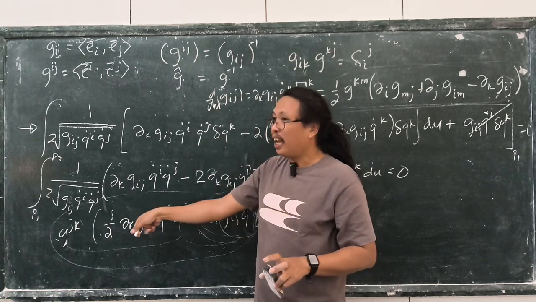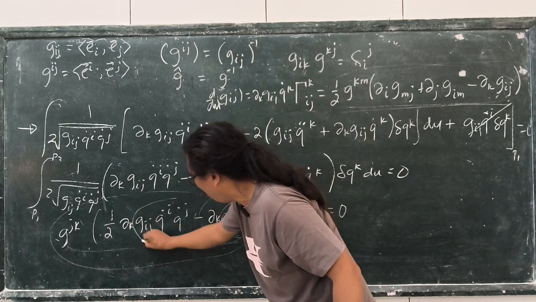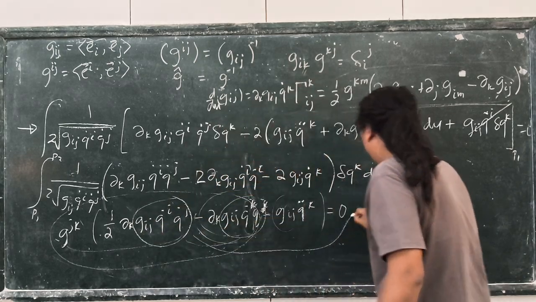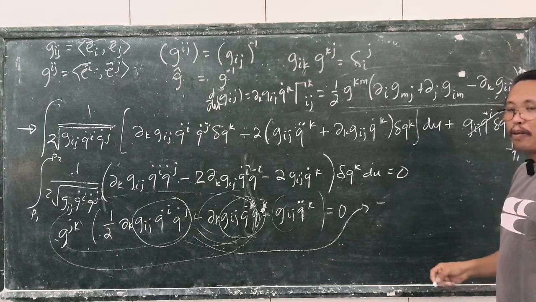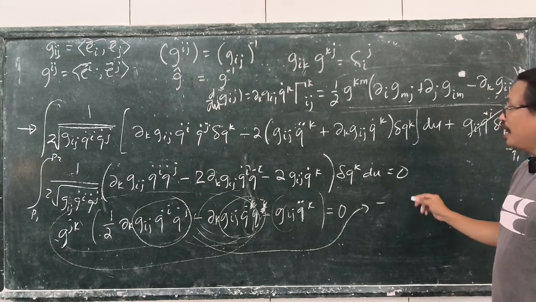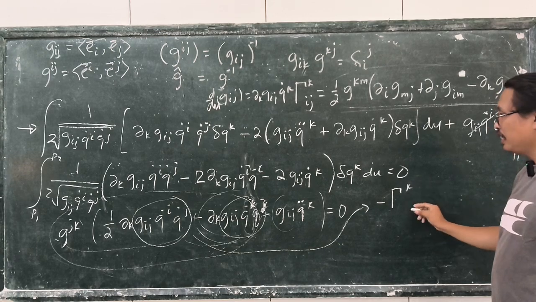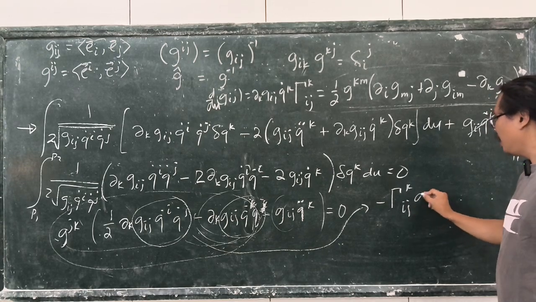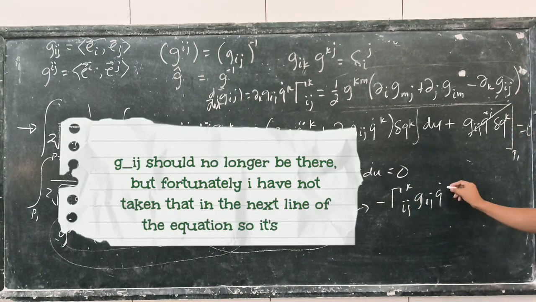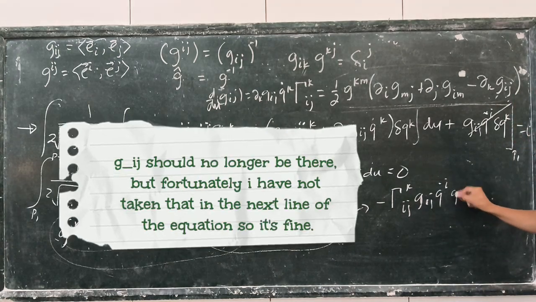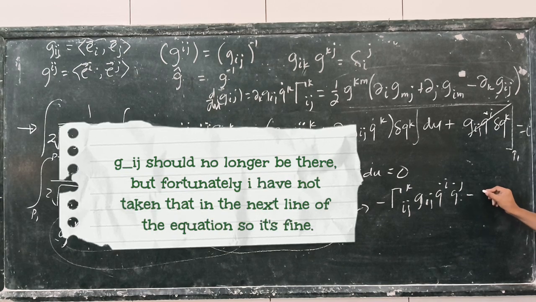So this means this whole thing here, we can take this one out and we will get this as negative. Negative of the Christoffel symbol of K, I, J, g_ij, q dot i, q dot j, minus.